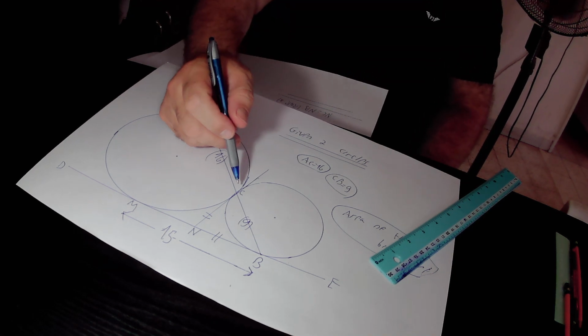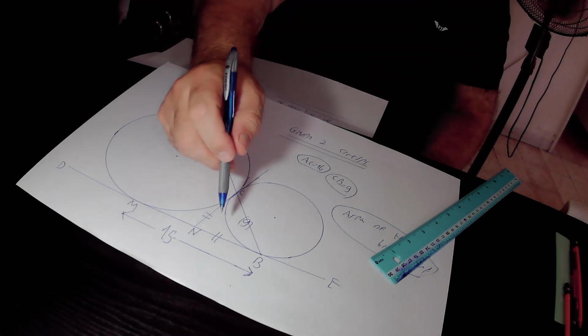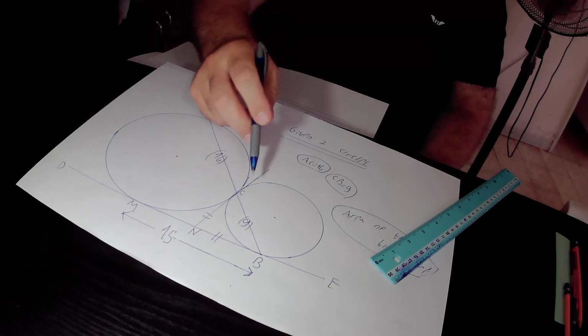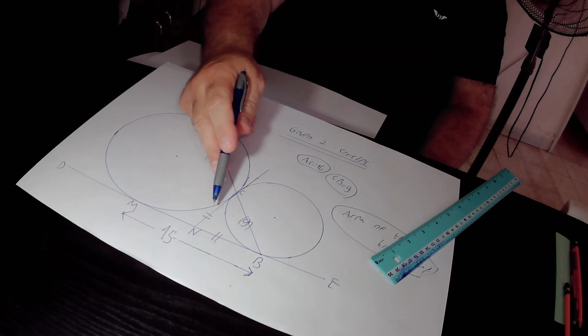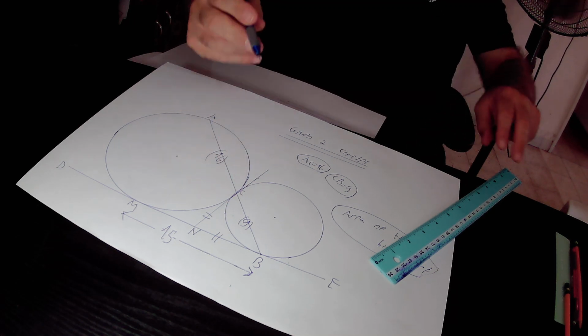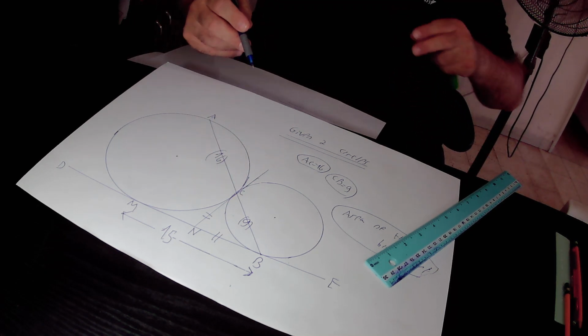In the next step, we will focus on this triangle CNB. On this triangle CNB, side CN equals side NB. So I'll copy triangle CNB in a new page.